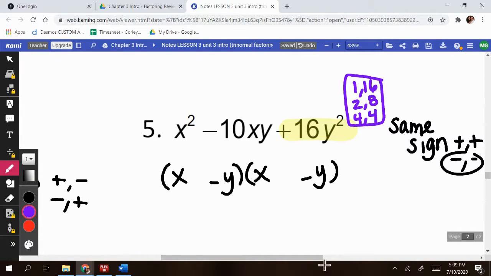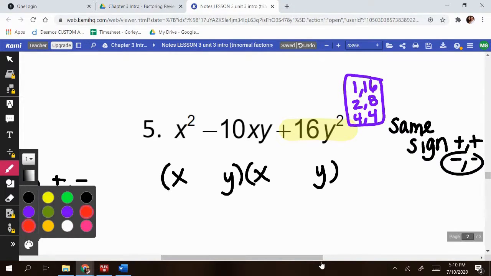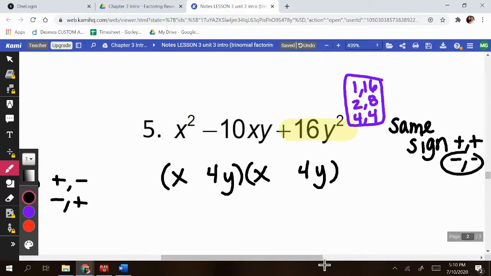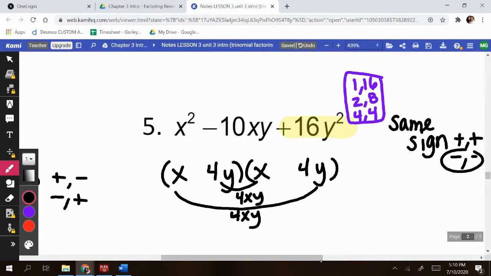Is there any way that we can get negative 10xy? Well, let's just start plugging it in and see what happens. Let's say that I use 4 and 4. My outers here would be 4xy, and my inners here would be 4xy. So that would only get me to 8xy or negative 8xy if I made these all negatives.